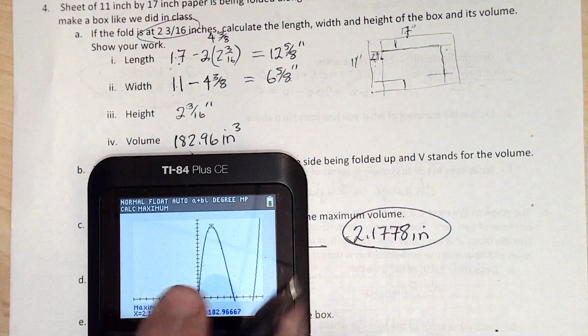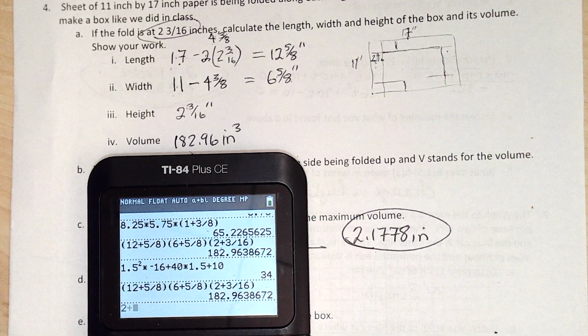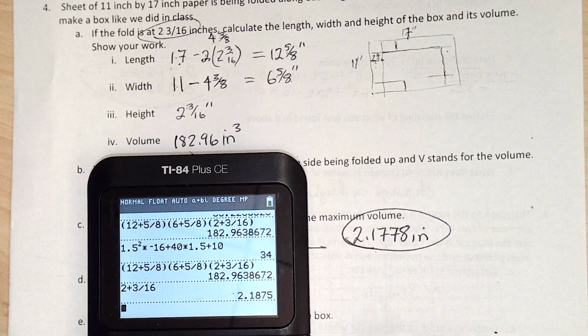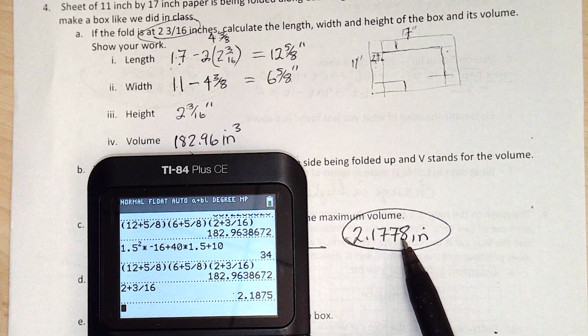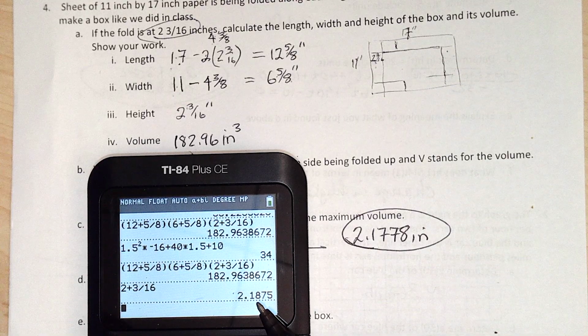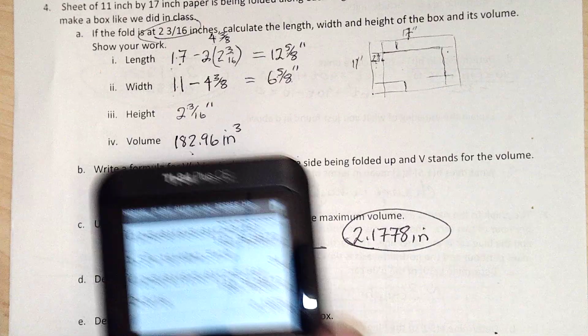See how close that was to 2 3/16. 2 plus 3 divided by 16 is 2.1875, and this is 2.1778. So slightly smaller gives us a little bit more volume.